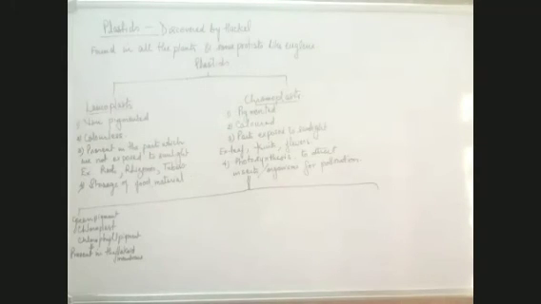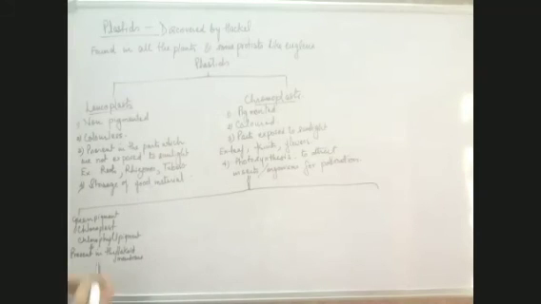It is present in the thylakoid membrane of chloroplast. Thylakoids are the plate or disc-like structures which are present in chloroplast. The chlorophyll is present in this, the stroma, if you remember, the grana. So this chlorophyll pigment is present in the thylakoid membrane.